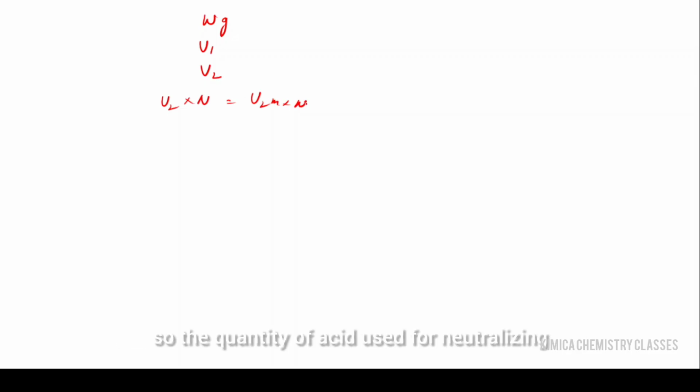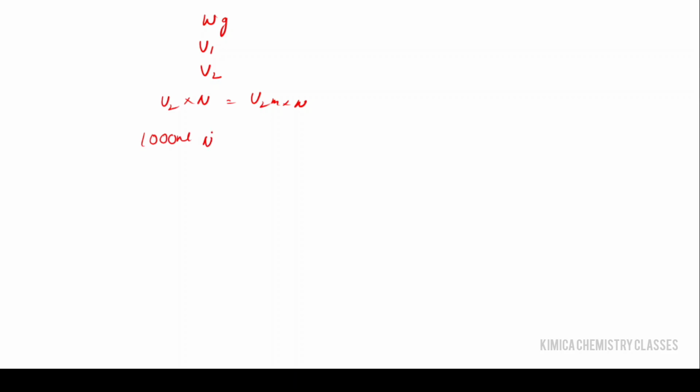So the quantity of acid used for neutralizing ammonia is V1 minus V2, right? Now 1000 mL of ammonia solution contains 17 grams of NH3, or we can say 14 grams of nitrogen.